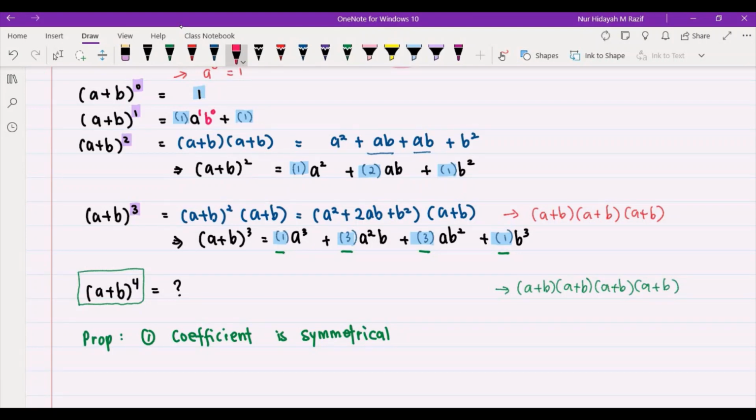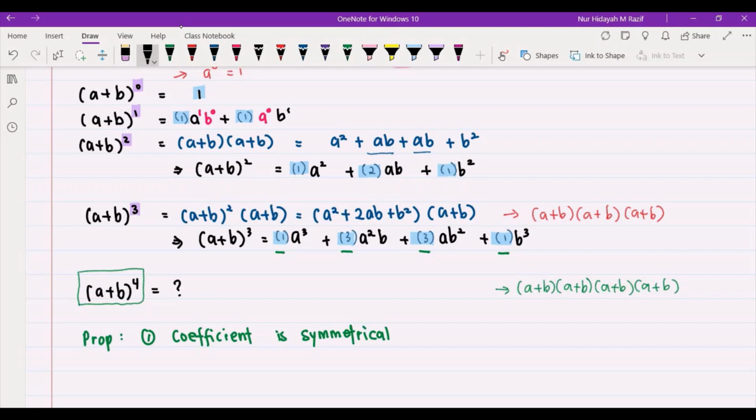And for this one, I have a to the power of 0 and b to the power of 1. If you take a look properly, a starts with the highest power, and as the terms go by, the power decreases by 1. And for b, it starts with the lowest power, and then as the terms go by, the power of b goes up by 1.